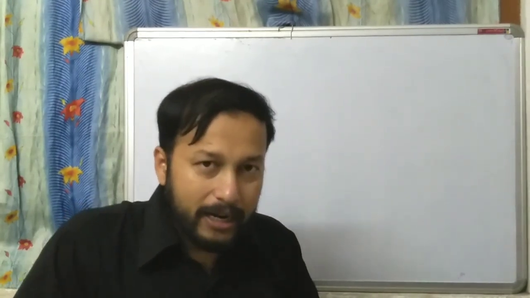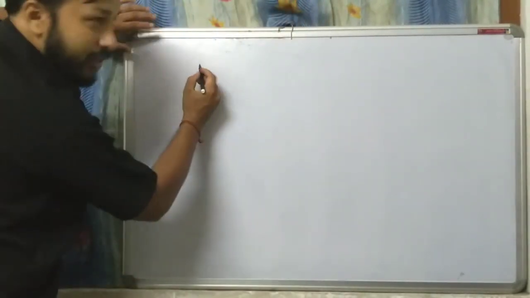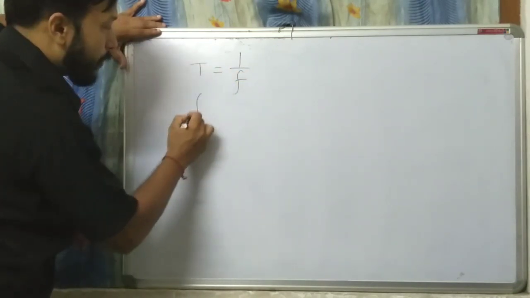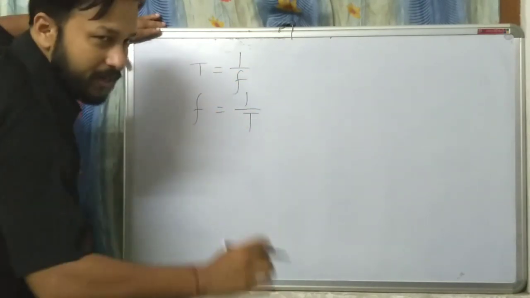So we have to know the perfect unit for each of the terms we discussed for pendulum. Let us write the formulas which we discussed. The first formula is time period equal to 1 by frequency, or frequency equal to 1 by time period.